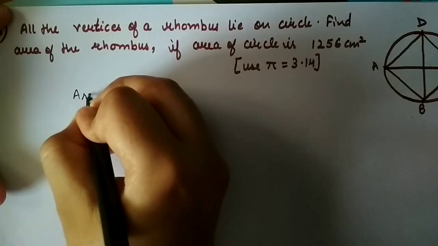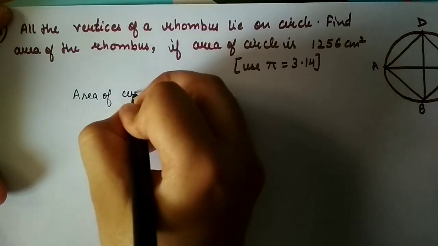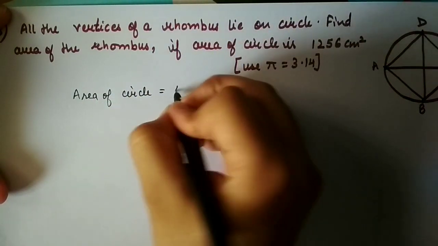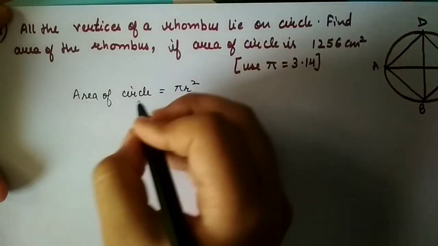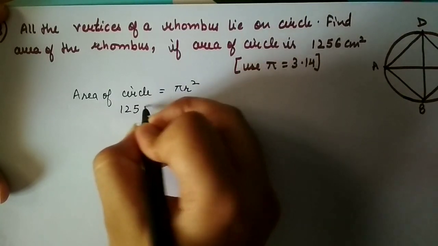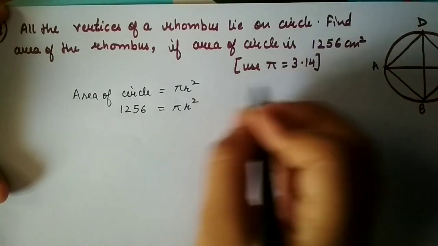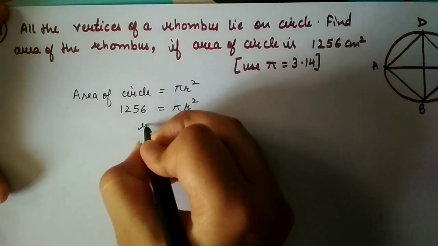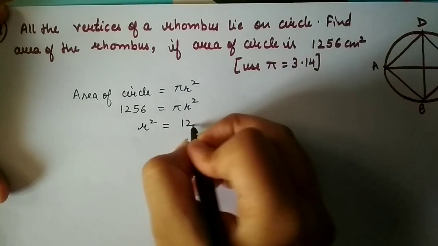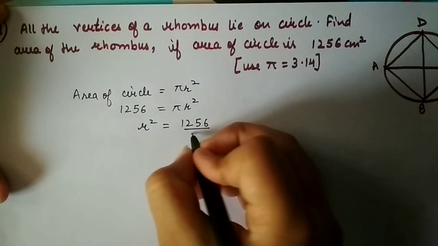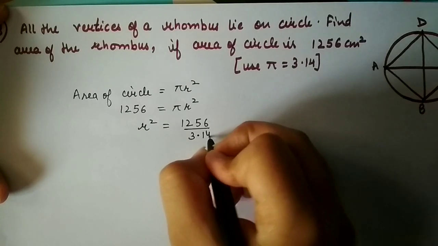So area of circle is pi r square and area is given to be 1256. So equate it with pi r square, and value of pi is 3.14. So r square is equal to 1256 upon 3.14.